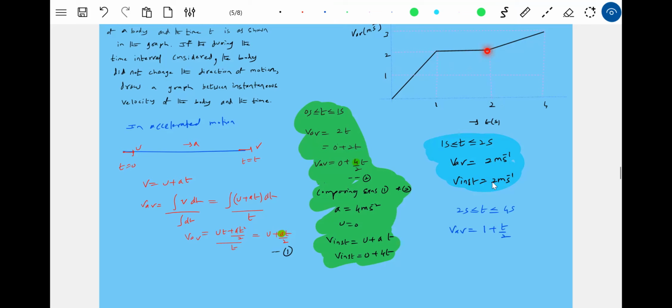The average velocity will be 2. So actually it will come and intersect here. Then put t equal to 4, the average velocity should be 3.